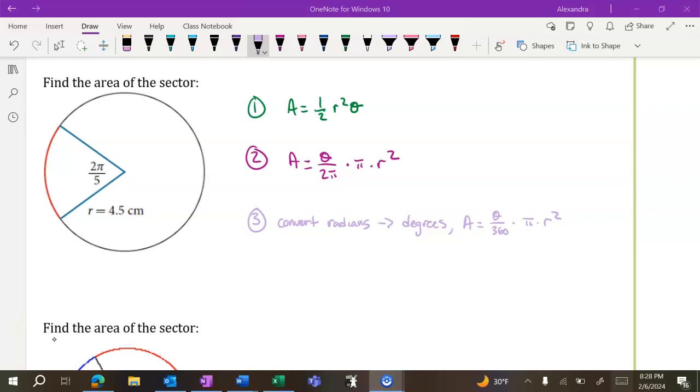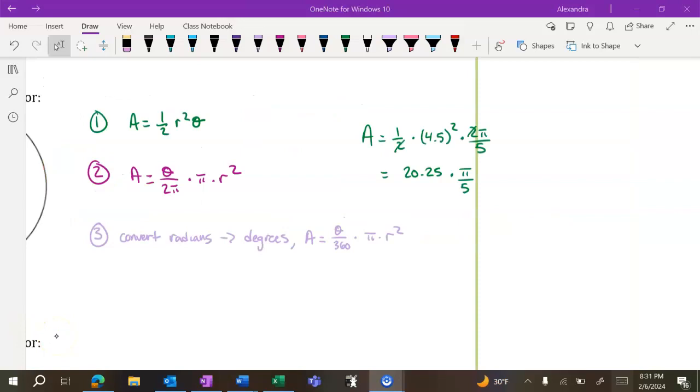So I'm going to start by plugging in my angle of 2 pi over 5 and my radius of 4.5 centimeters. Now from here, once I plug that in, I simplified to about here, so I can either leave my answer as 20.25 pi over 5, or a little bit of a sneaky way, right?